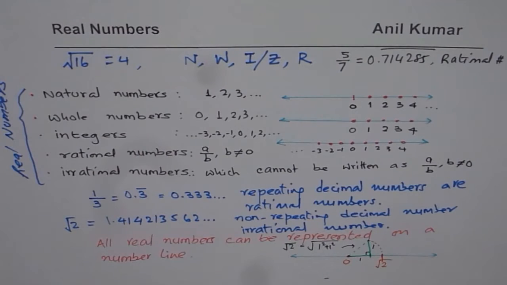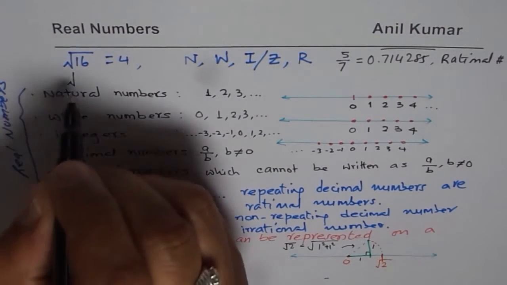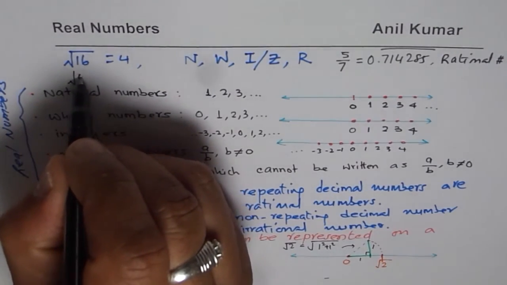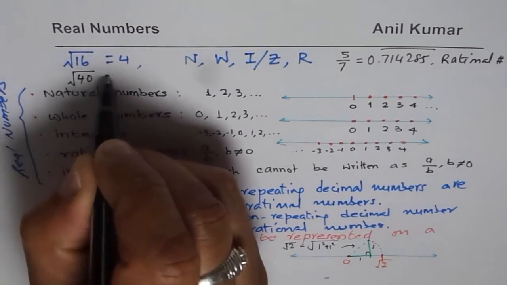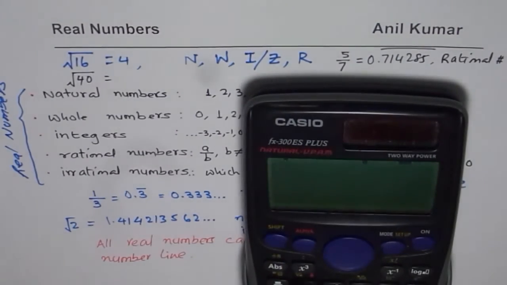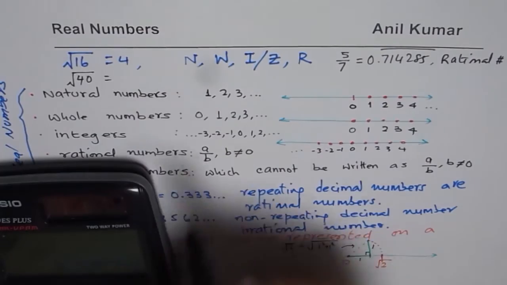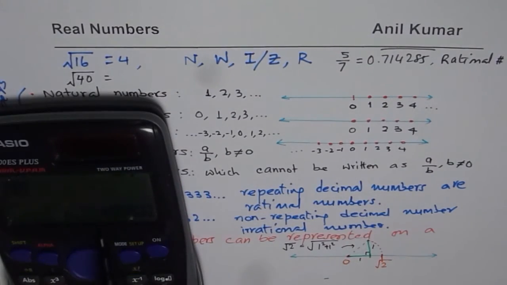And let me give you another example, square root of, let us say, 40. Now square root of 40, let us again use the calculator. What do we get? Square root of 40 is equal to 2 square root 10. Let me write it as decimal numbers. So we do not get a repeating pattern here.